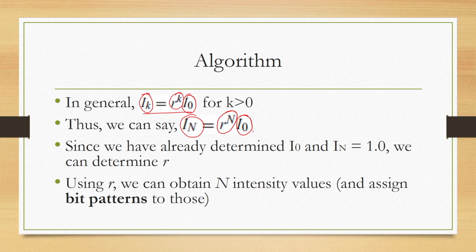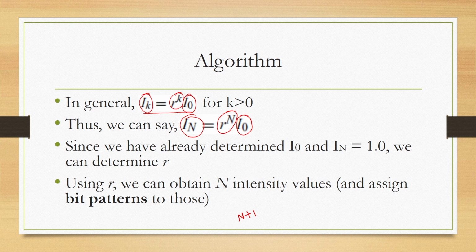So, this equation holds for any intensity value supported by the device. Here you can notice that the total number of intensity values supported by the device is represented by n plus 1, and In is the maximum intensity value, I0 is the minimum intensity value.